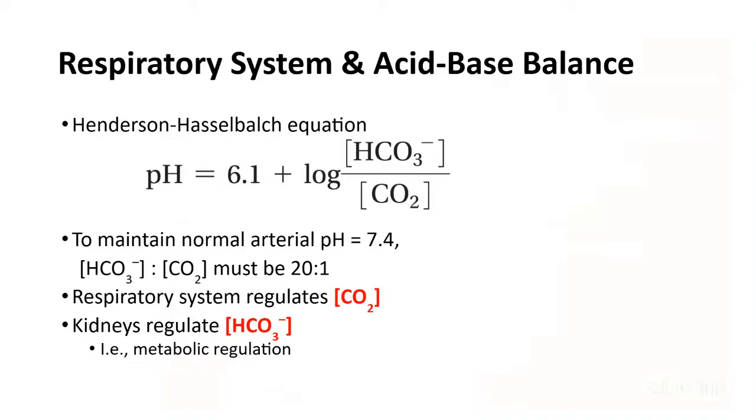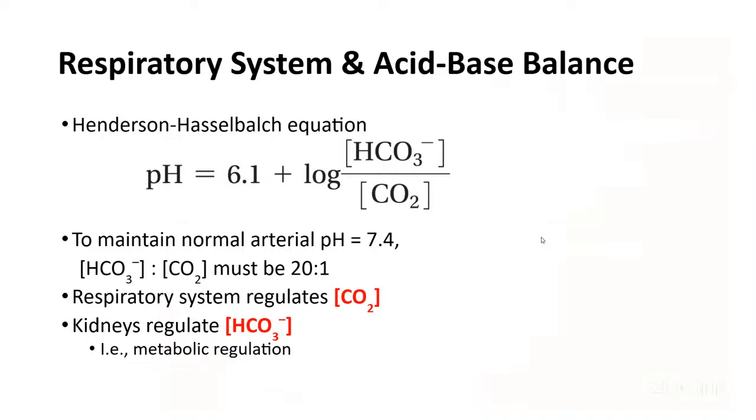So around 7.4, our ratio here, now we're going to think about it as bicarbonate ions and carbon dioxide, is going to be 20 bicarbonate ions for every little carbon dioxide molecule.